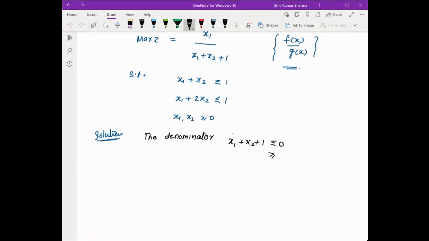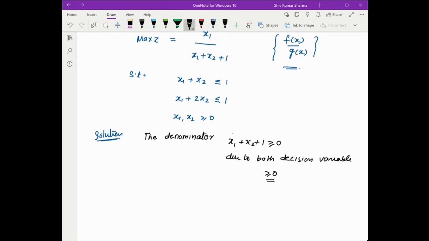It is greater than 0, due to both decision variables being greater than or equal to 0.